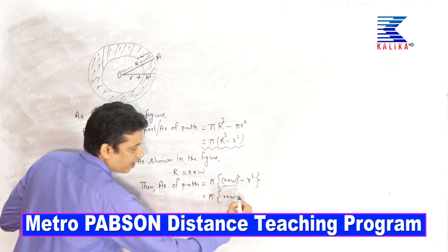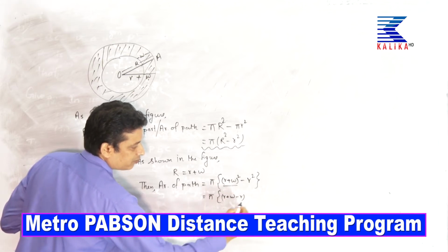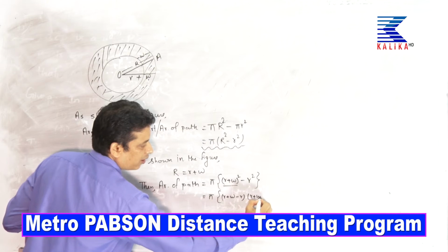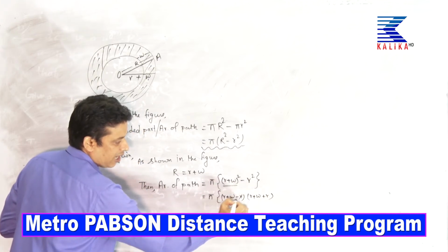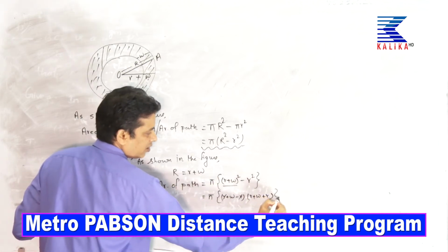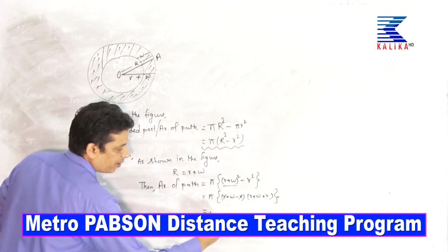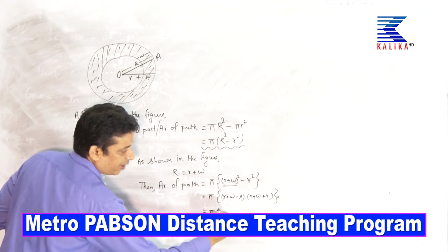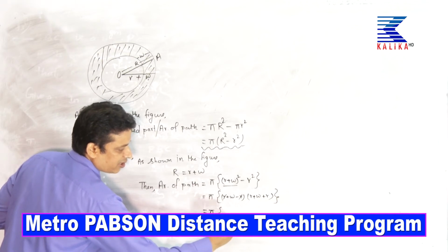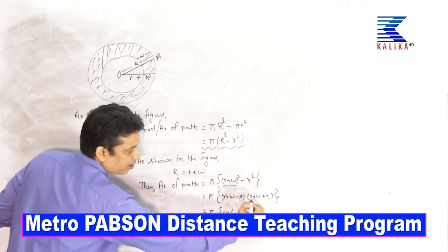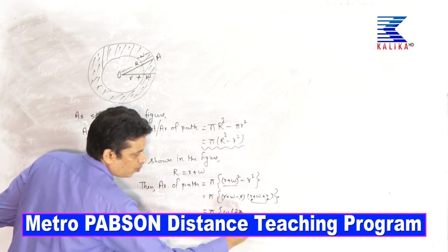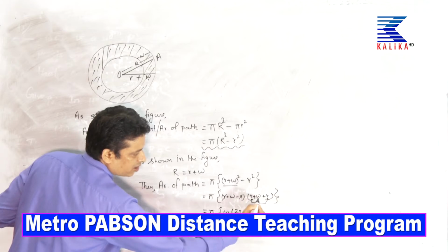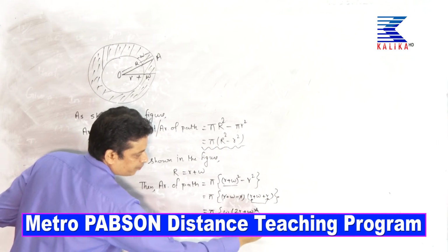So, we can cancel r and r, dear student, and finally it will be pi, and what is left inside? W times (r plus r, which makes 2r, plus W).